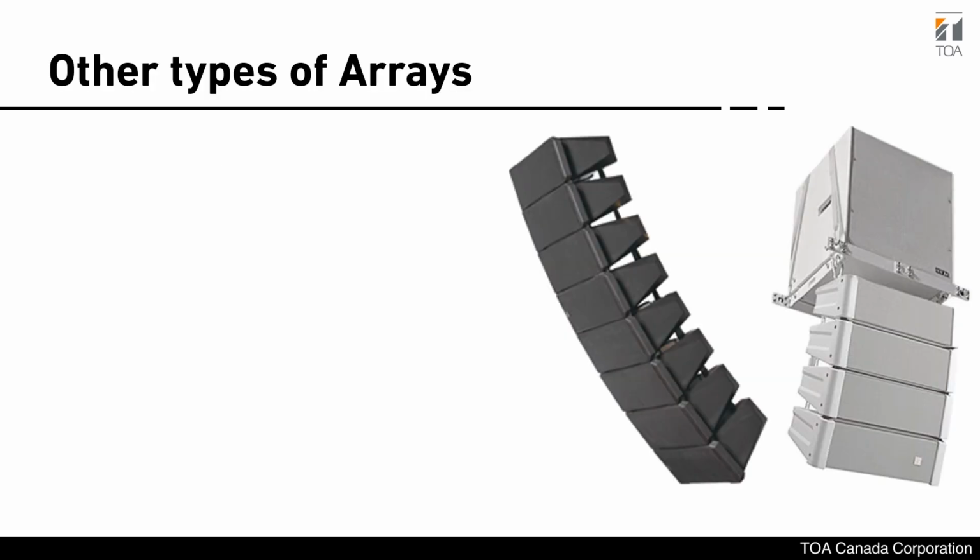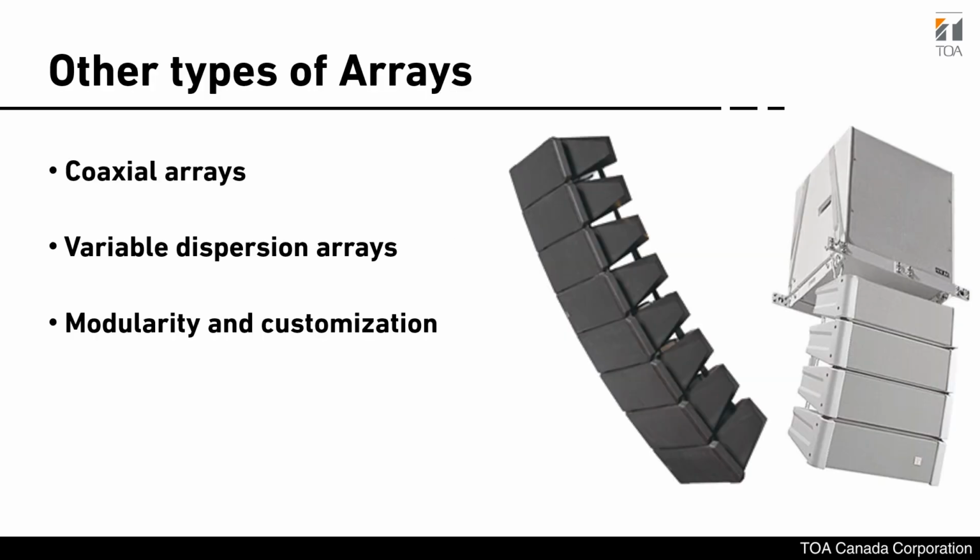Coaxial array speakers combine a tweeter and woofer into one unit, making them very different from line arrays. While coax arrays are single-unit speakers designed for focused sound, line arrays use multiple speakers working together in a row. Variable dispersion arrays take things a step further by letting you adjust the sound direction, so you can fine-tune this setup based on your space.